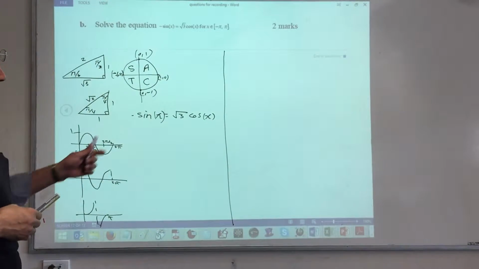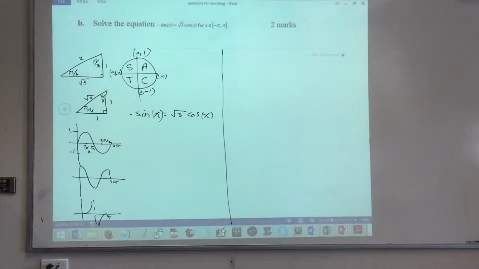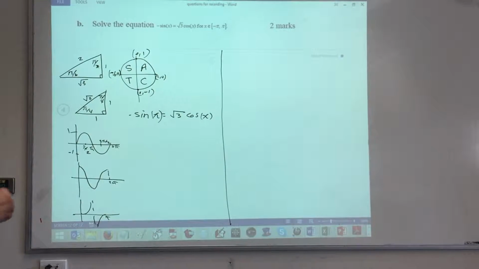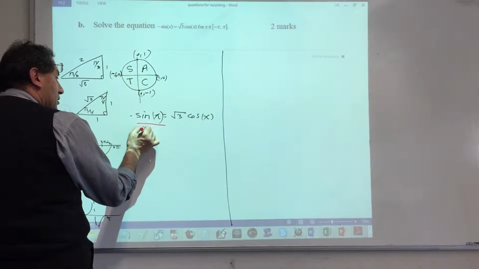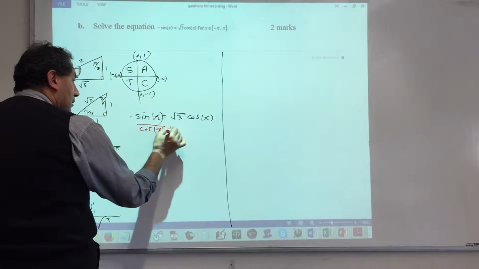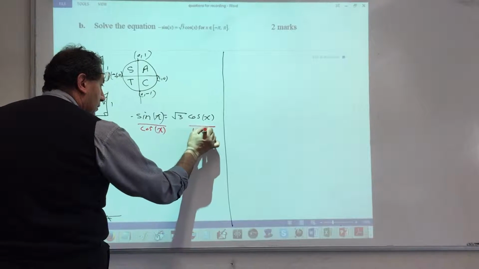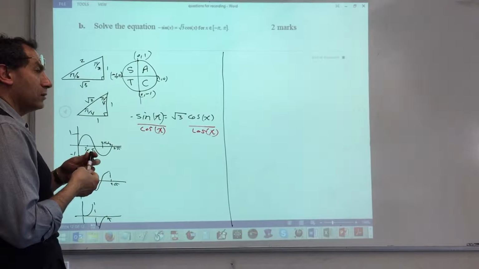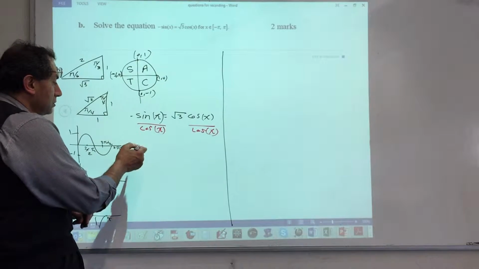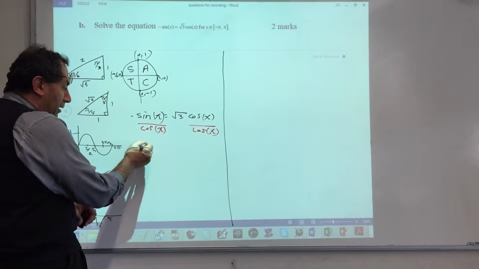It is hard to deal with two ratios in one equation. So if I divide both sides by cos x, we'll end up working only on one trig ratio, because sine over cos is tan.